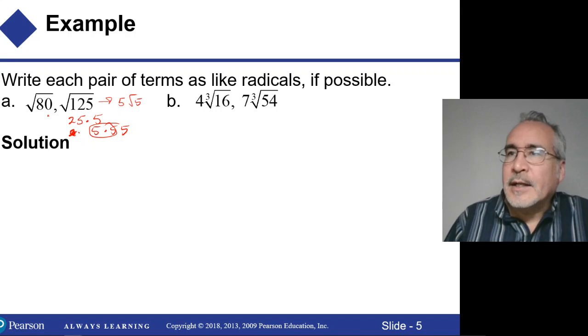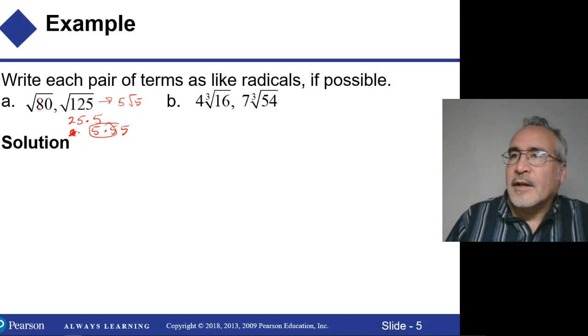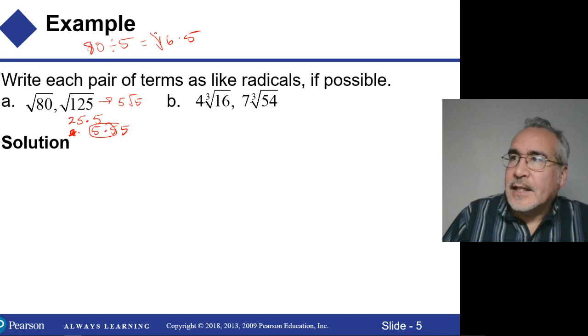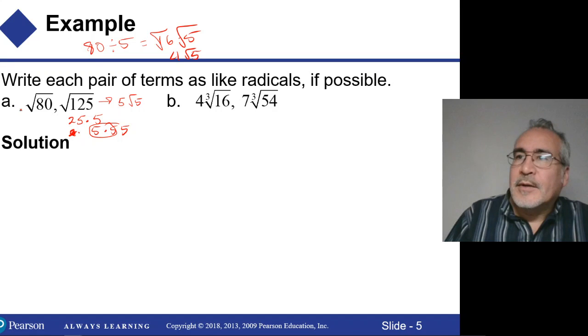So with that in mind, I'm going to see if I can get a square root of 5 out of this. So 5 goes into 80. 80 divided by 5, I know that's 16. That's going to be 16 times 5. Remember this is really 80 being broken out. Square root of 16 is 4. So I think we're going to get this one to be 4 square root of 5.